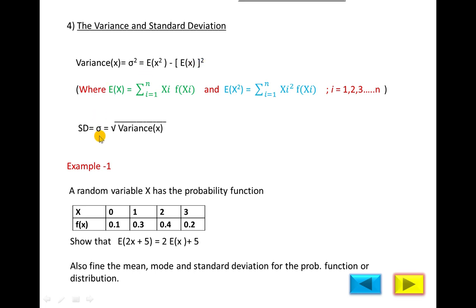You will obtain the variance sigma square. If you take the square root, it will be the standard deviation. The square root of the variance of x will be sigma. So two laws are included in your syllabus. The second and third, involving bivariate variables, are not included. Okay.